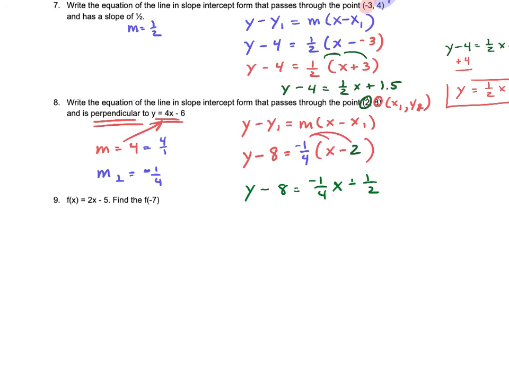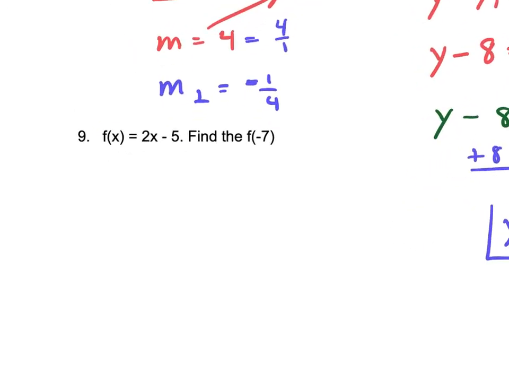Oops, it's going to be a plus half. Positive, negative times negative. We'll take the 8 to the other side by adding it to the left. Line it up with its like term right there. Y equals negative 1/4 x plus 8.5, or 8.5. And we are done. And then our last one on the first review guide.